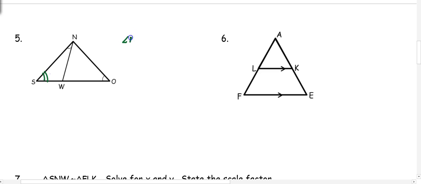So in our explanation, we would say that angle O is congruent to angle O by given, and angle S is congruent to angle S by the reflexive property.